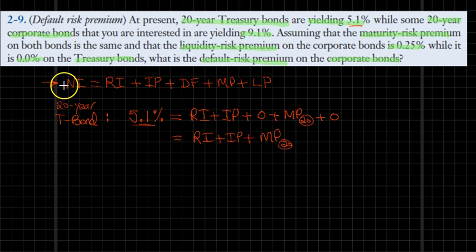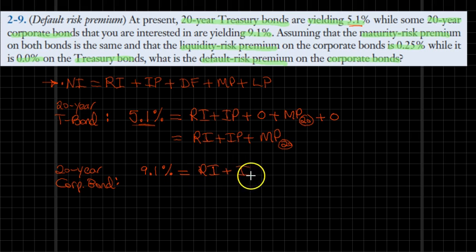Now let's go back and apply this initial formula to the 20-year corporate bond. First of all, the nominal interest rate for the corporate bond is 9.1%, and that's equal to the real risk-free interest rate plus the inflation premium plus the default risk premium, which is basically the question.